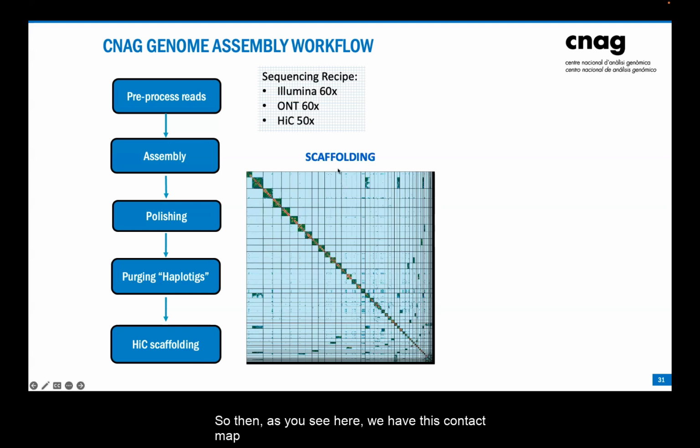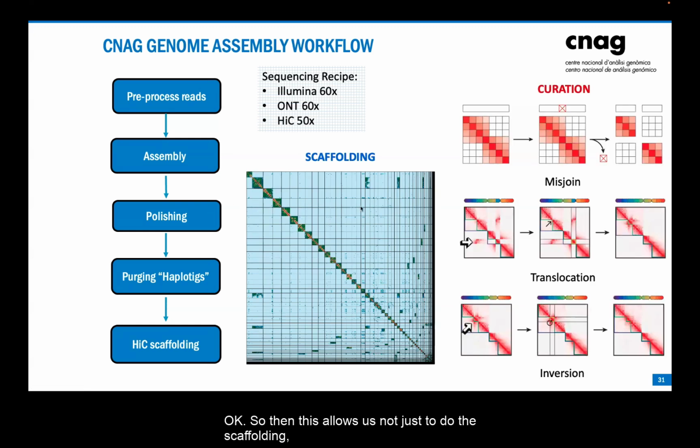So then, as you see here, we have this contact map before scaffolding, where we have some little contigs that, okay, these ones should be dragged here and belong to this chromosome. And the same here, this one likely belongs here. Okay. So then, this allows us not just to do the scaffolding, but after the scaffolding, we need to do the curation.